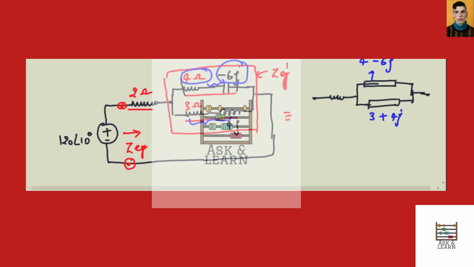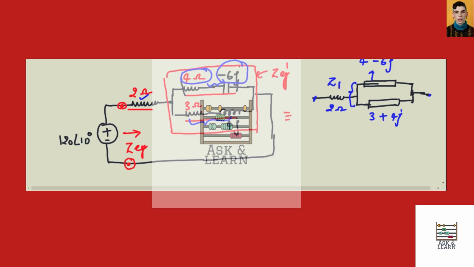Now the value of this element is 2 ohm. As you can see, these two are in parallel. So let's suppose the equivalent impedance across these parallel elements is Z1.